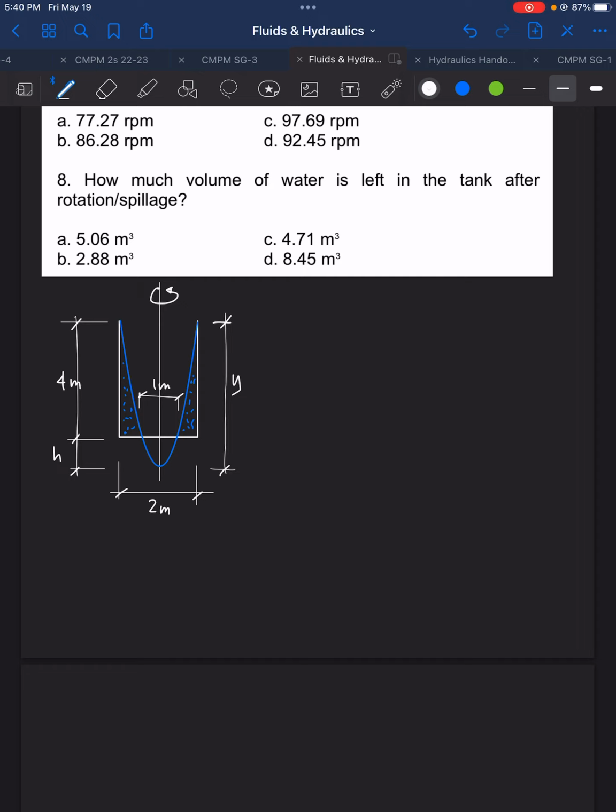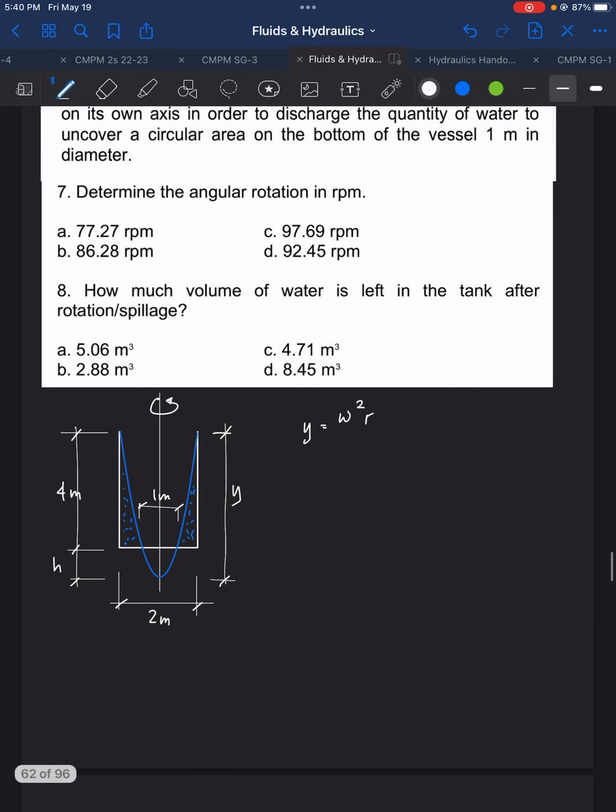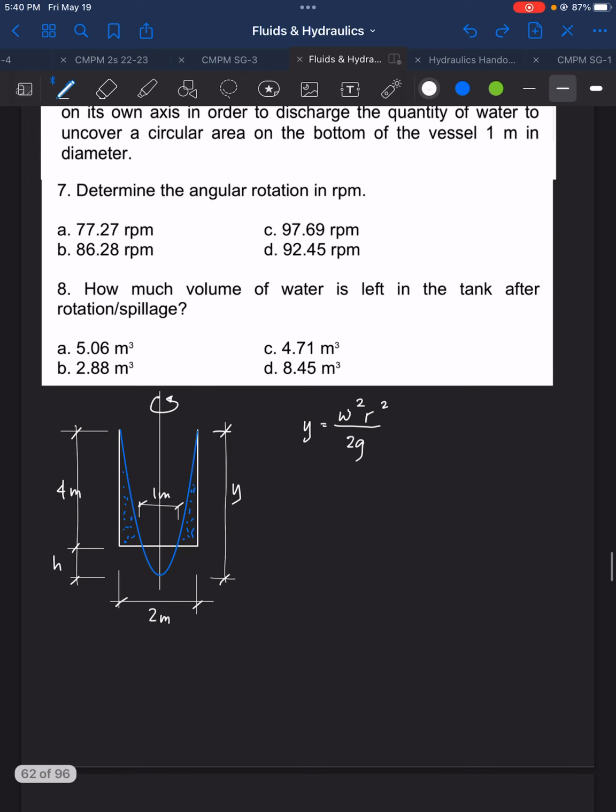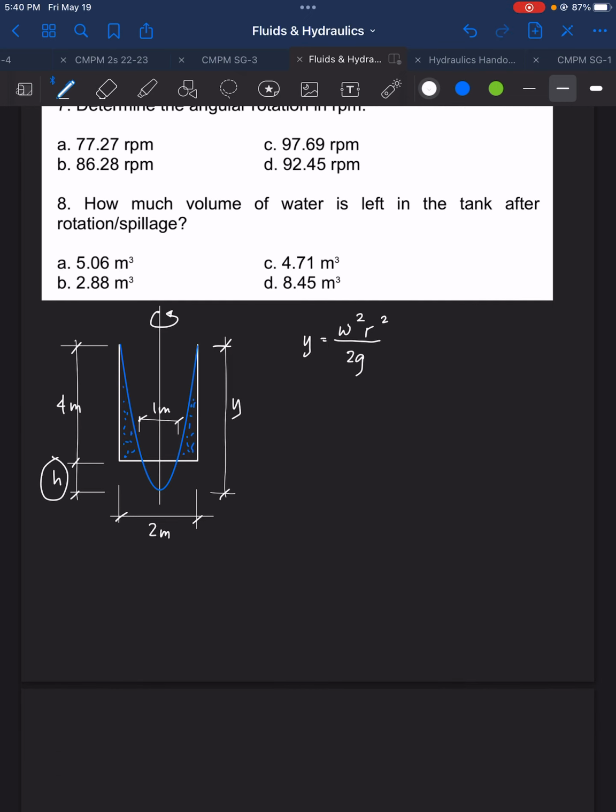So Y is equal to the omega squared, or the angular rotation, then the radius squared all over twice of gravitational acceleration. So how do we get the value of Y? For the value of Y, we need the value of H, because Y is equal to 4 plus H. So how do we get that? We can do the ratio and proportion for parabola.